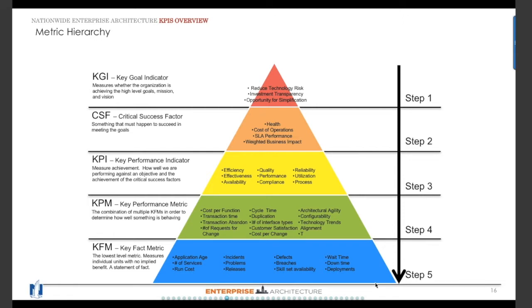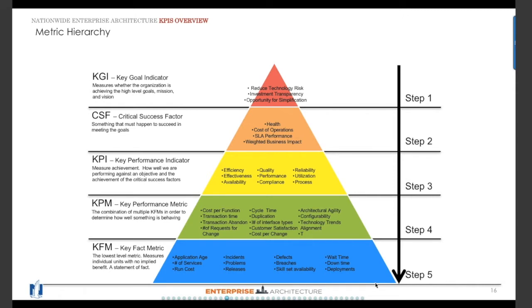So we actually had to go back and ask what is the key goal. So we went up and started. I think the main goal was to have investment transparency, reduce risk, and find where we have opportunities for simplification.